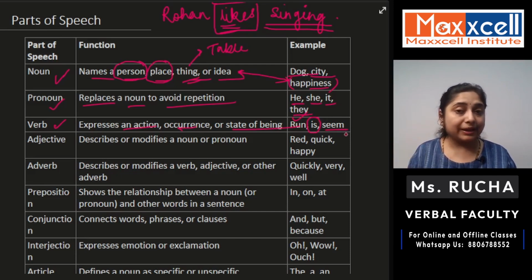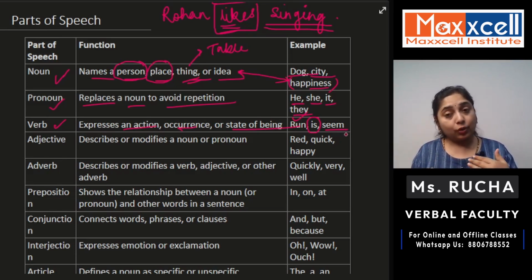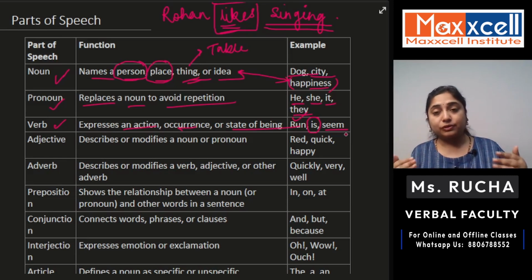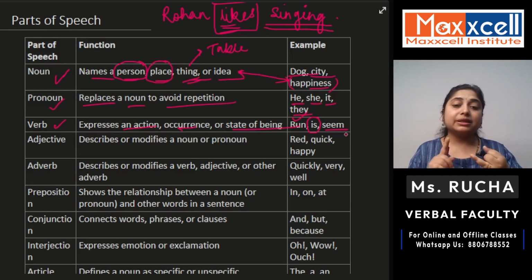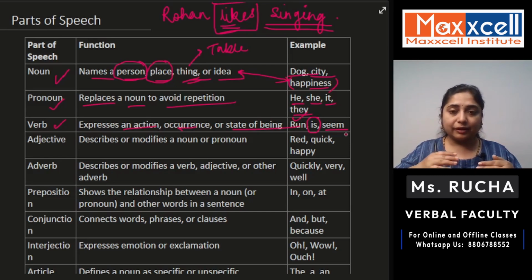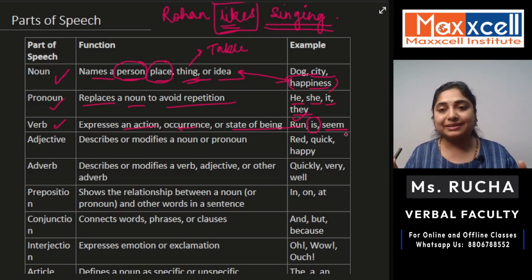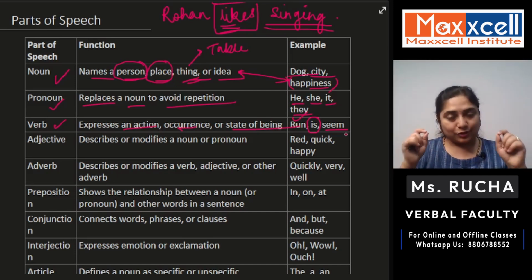This is again abstract, but still there is some action over there, isn't it? Although it is not physical, you have to understand it is not always about physical actions. A verb is either a state of being, a physical action, an abstract kind of action, or something that connects the subject and object, right? That particular thread is always the verb.